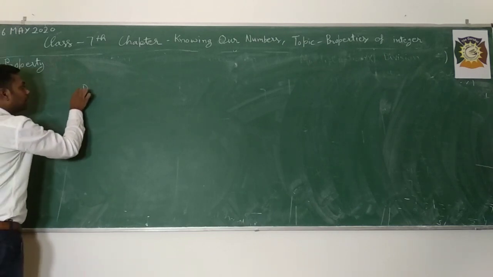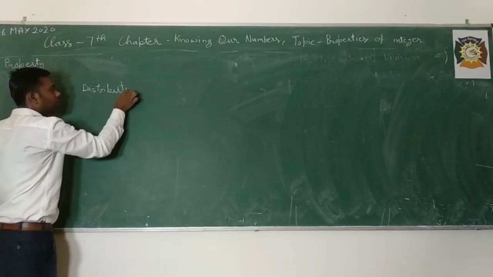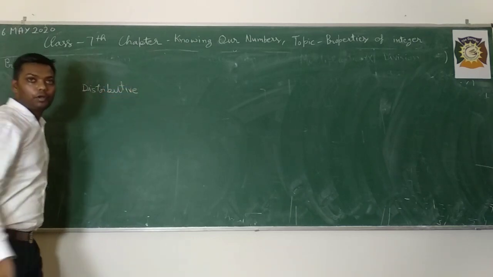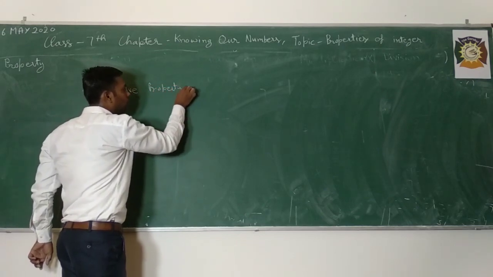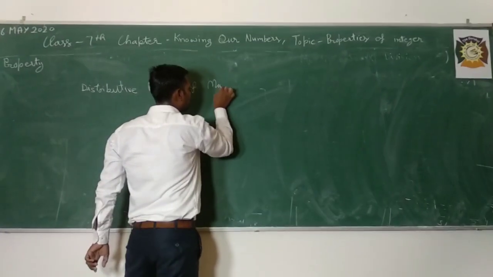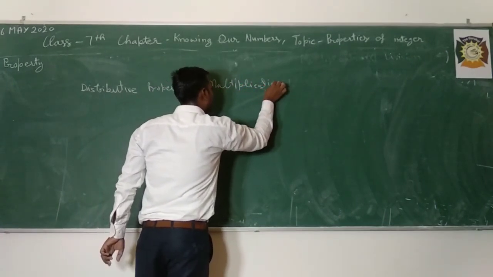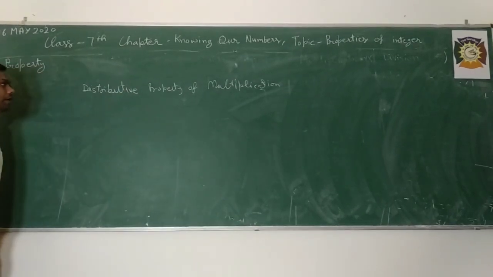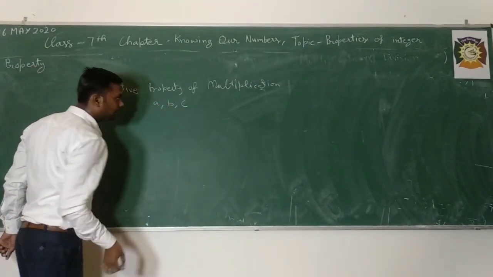Distributive property of multiplication: we have 3 integers a, b and c.